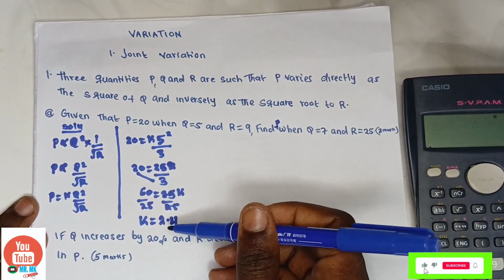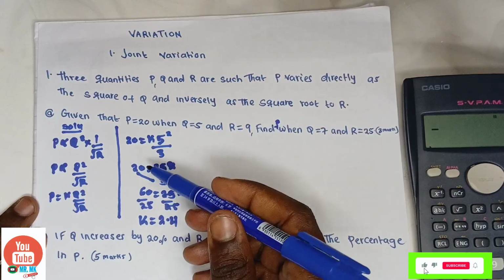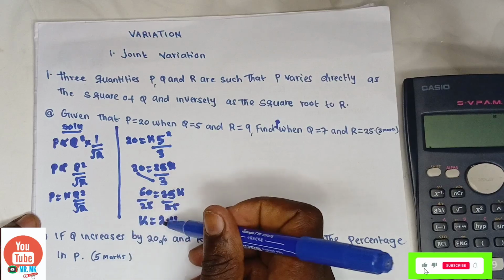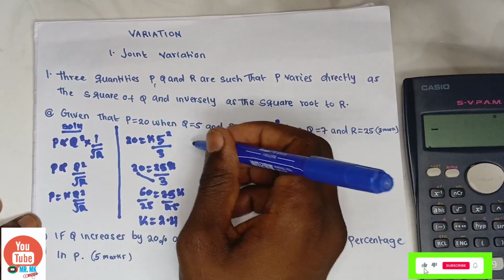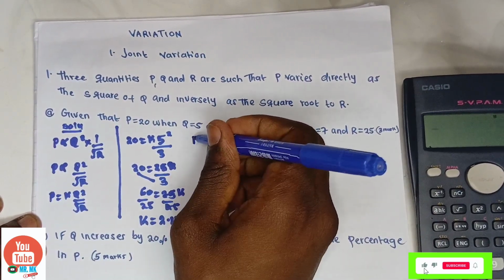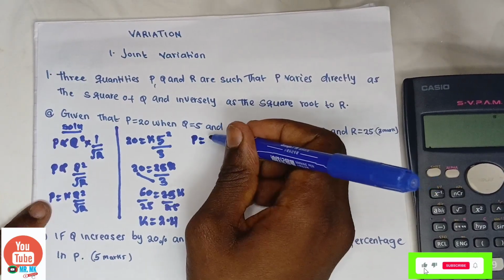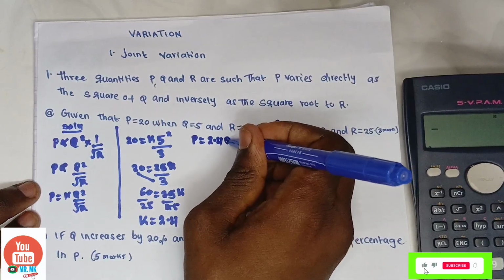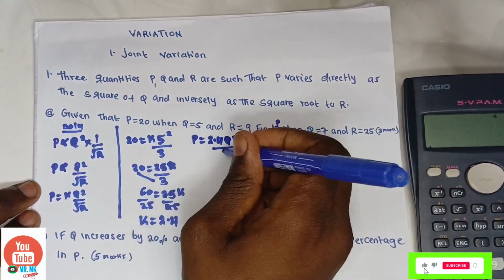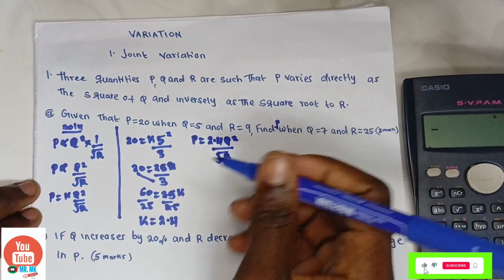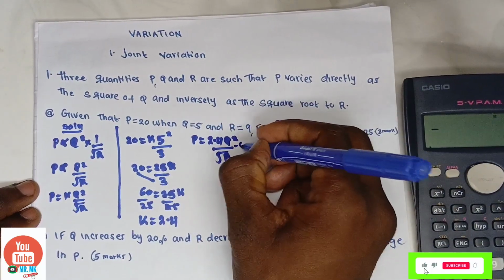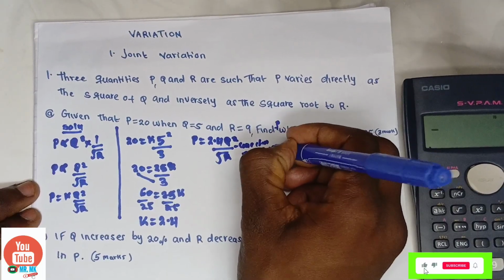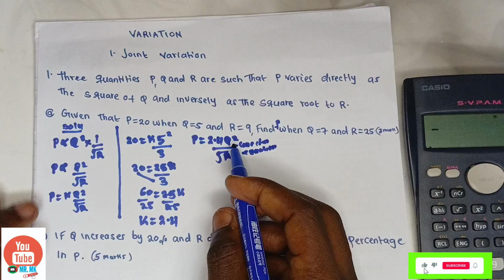Now that we have the constant 2.4, we form what is called the connecting equation. We say P is equal to 2.4 Q squared over the square root of R. This is called the connecting equation.